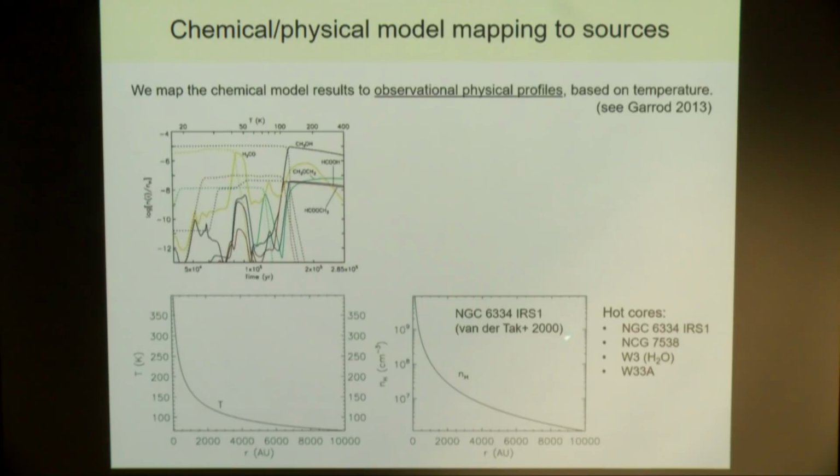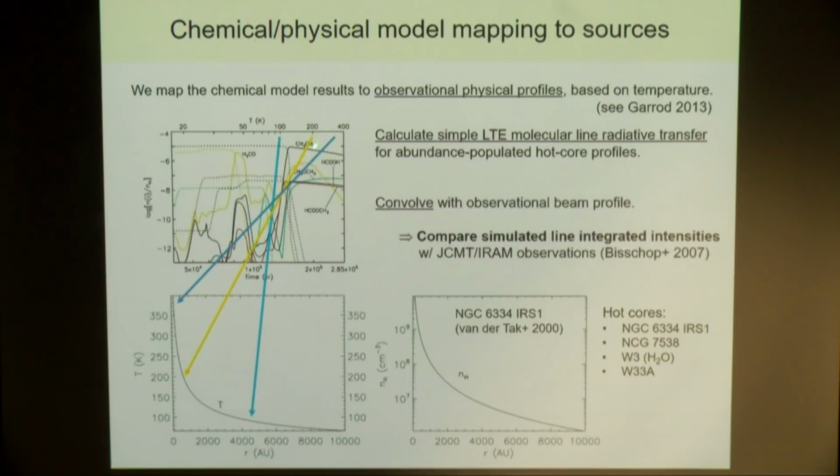These were profiles that Floris van der Tak obtained nearly 20 years ago, I guess. But in his work, he has a temperature profile for a particular hot core and a density profile. Okay, so we map the temperature structure of the molecules onto that profile, and that gives us everything we need to actually simulate the emission from those molecules and therefore simulate the entire process of observing that source.